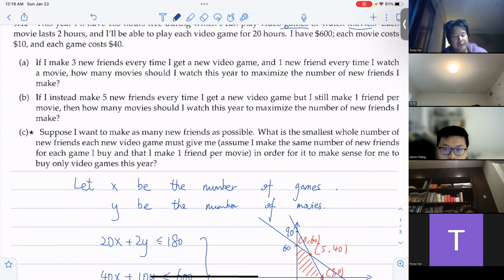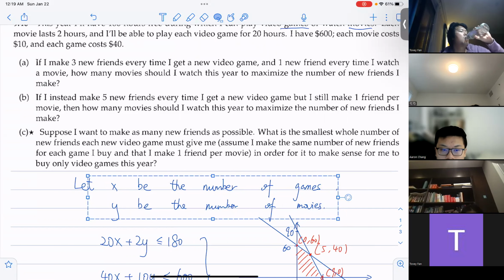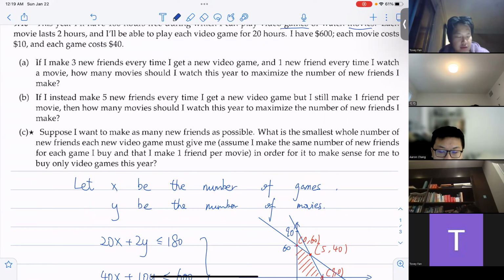Three friends for a video game, one friend for a movie. How do we find an expression that can represent the number of new friends I can make this year?